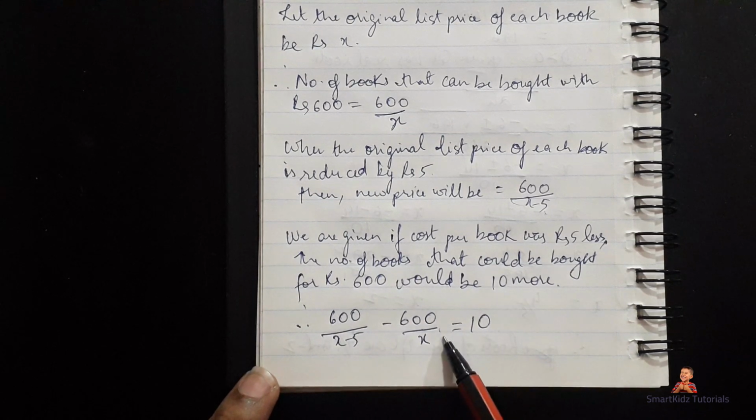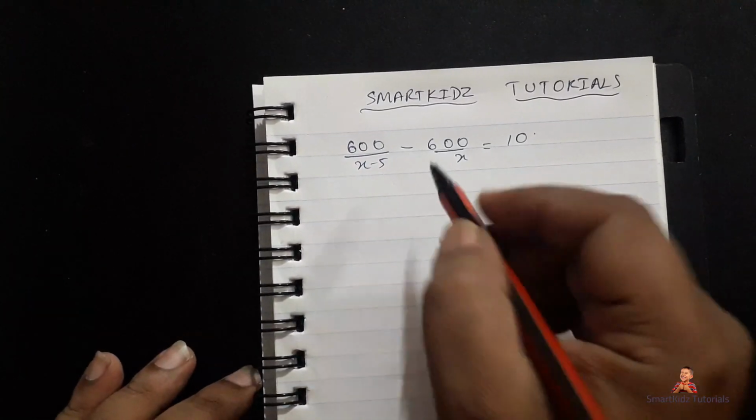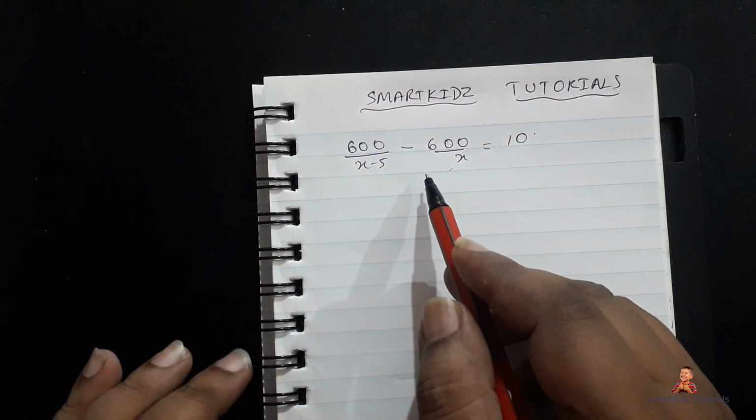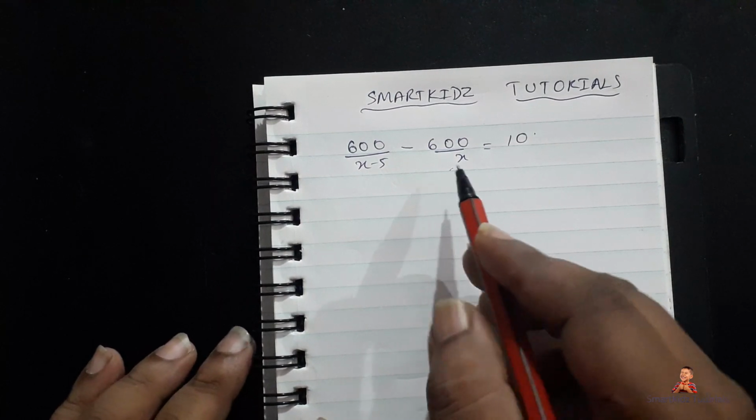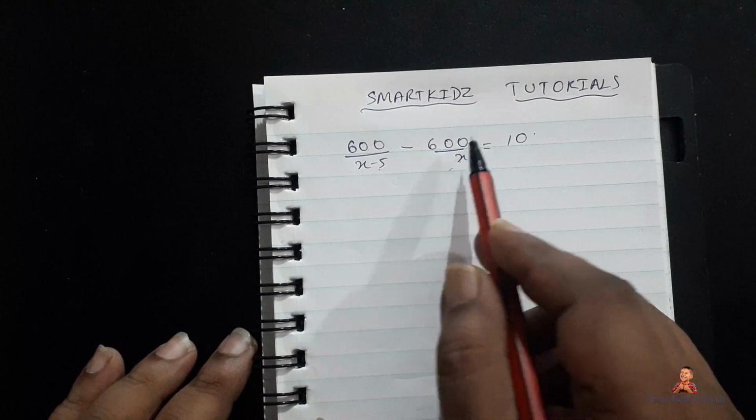So if we go to further solve this, we should get our equation. So I'm going to write it once again. Here we go. Now we take the LCM in this case, so this we multiply into this and this we multiply into this to get our LCM.